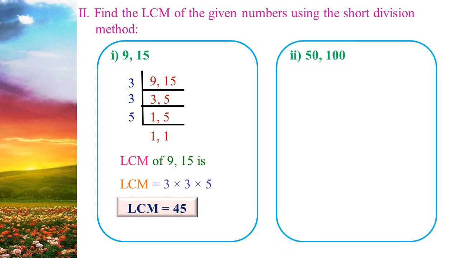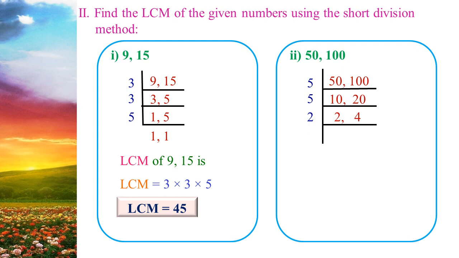Let's see the second problem, 50 and 100. Using the short division method, divide 50 and 100 by 5. 10 fives are 50, 20 fives are 100. On dividing by 5, 2 fives are 10, 4 fives are 20.